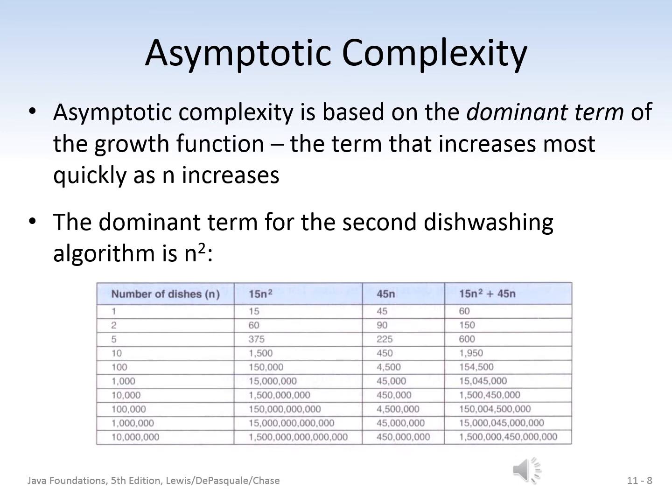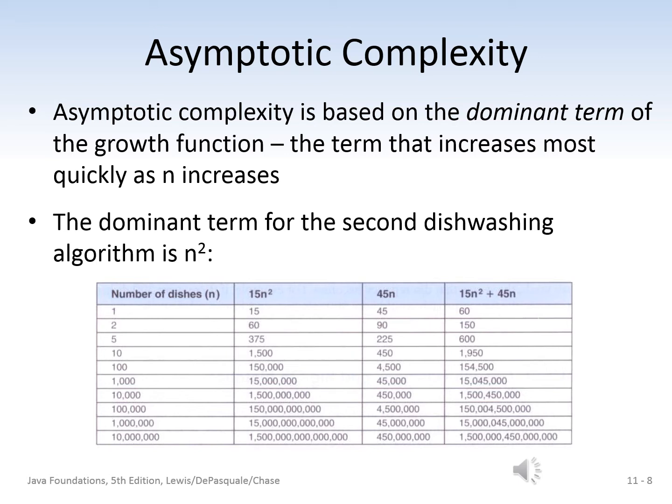So in the dishwashing problem, the term with the highest power was n squared, and that is the dominant term of the growth function, i.e. the term that increases most as n increases.